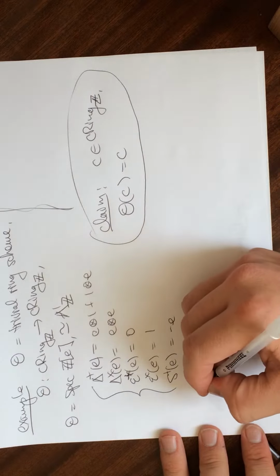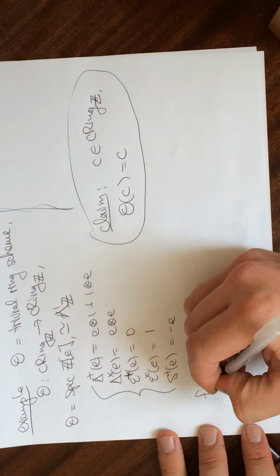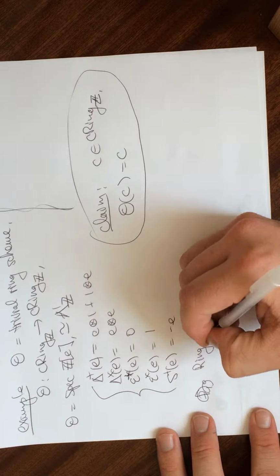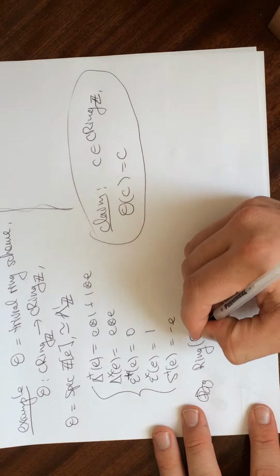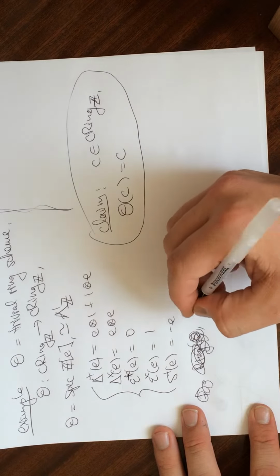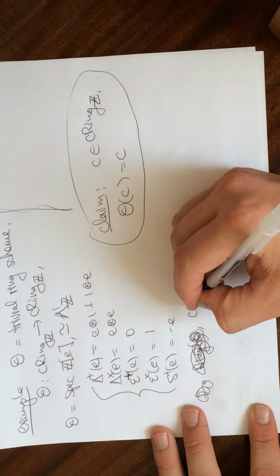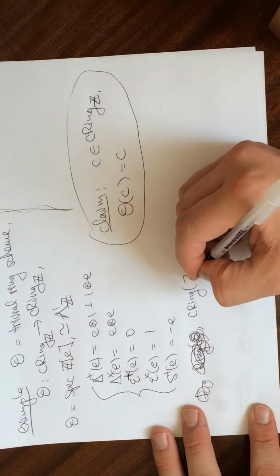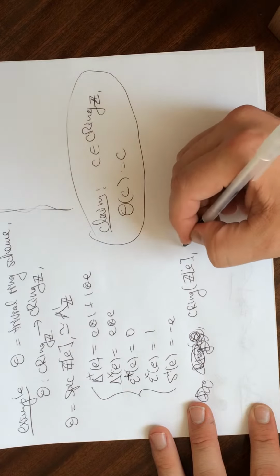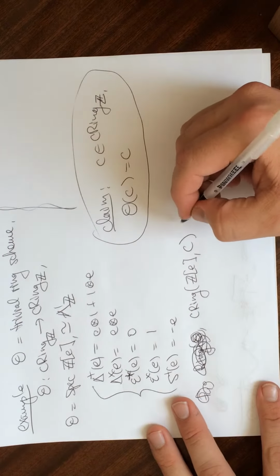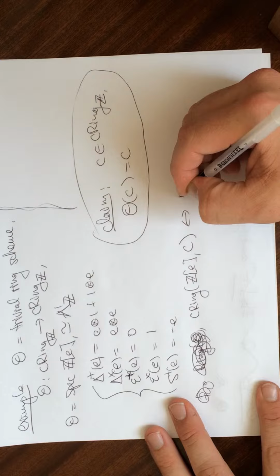So let's take the ring homomorphisms from Z[E] to some ring C. So this is just clearly in bijection with C.